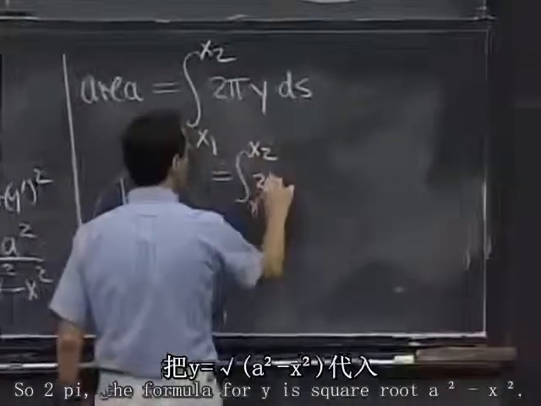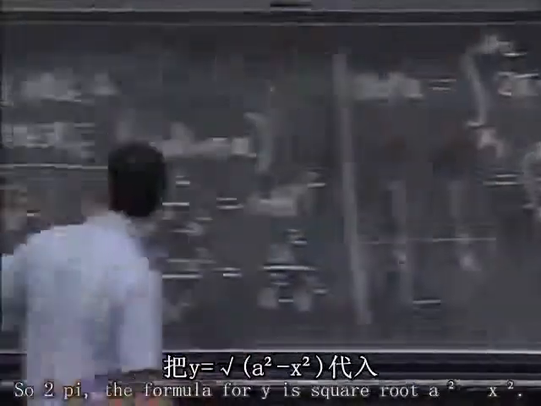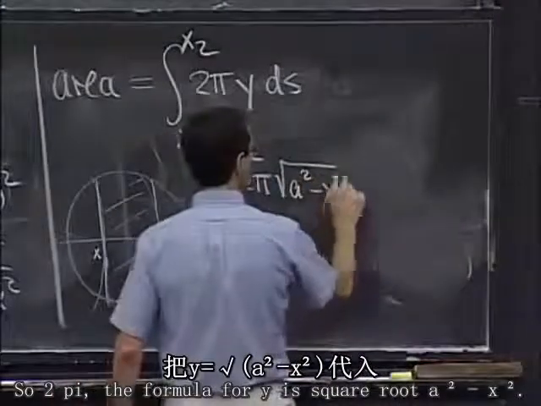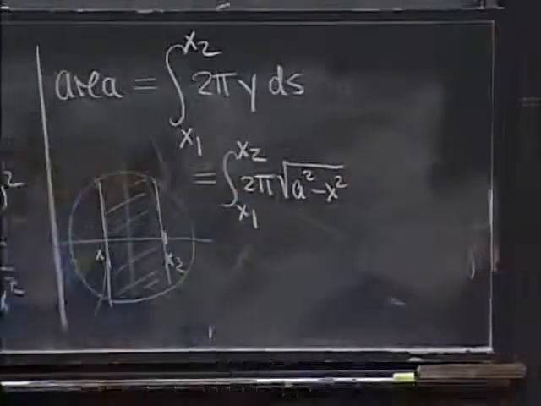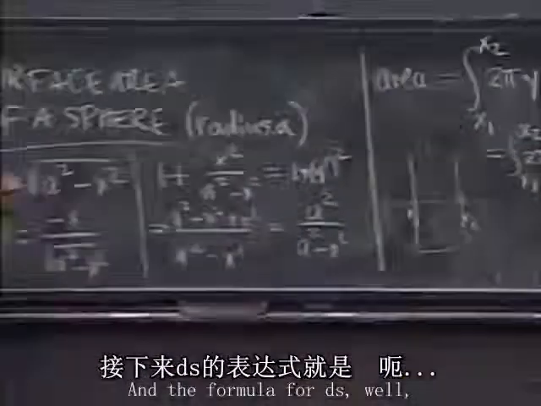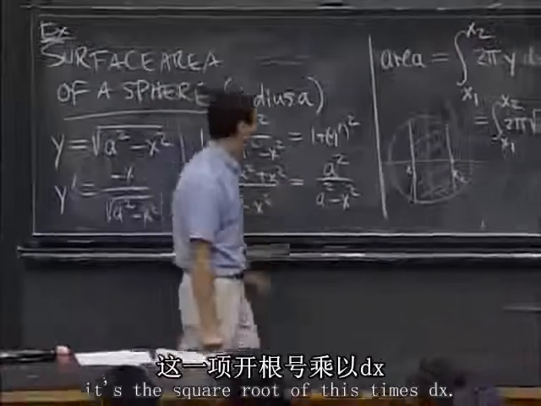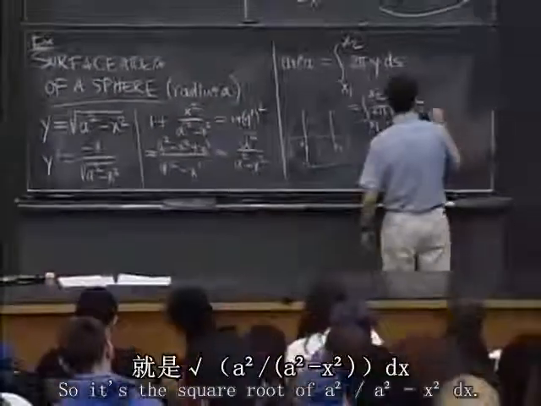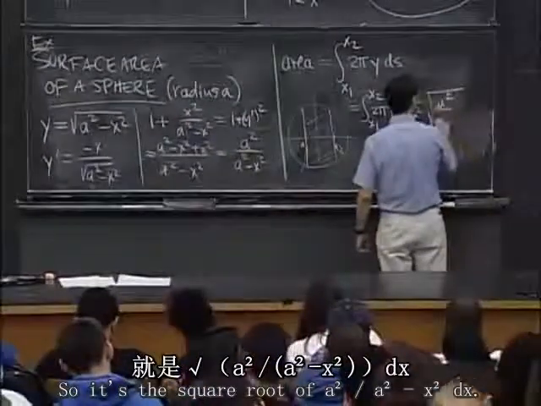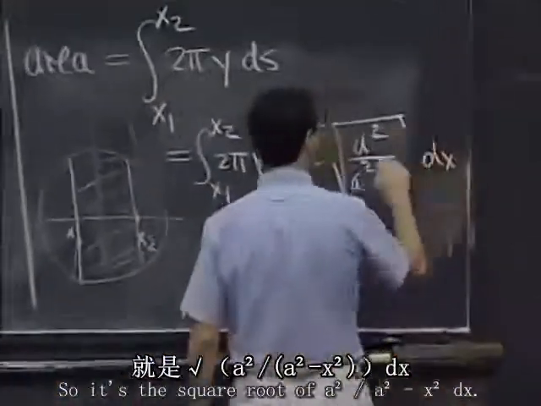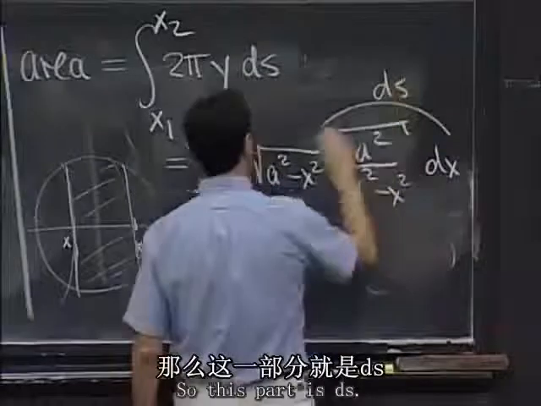So 2 pi, the formula for y is square root a squared minus x squared. And the formula for ds, well, it's the square root of this times dx. So it's the square root of a squared over a squared minus x squared dx. All right, so this part is ds, and this part is y.